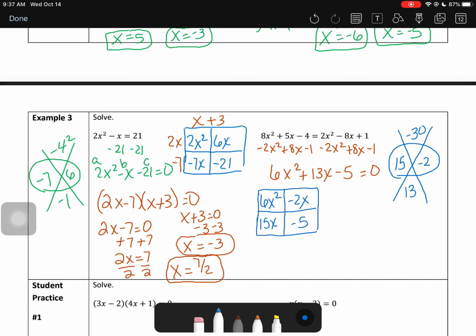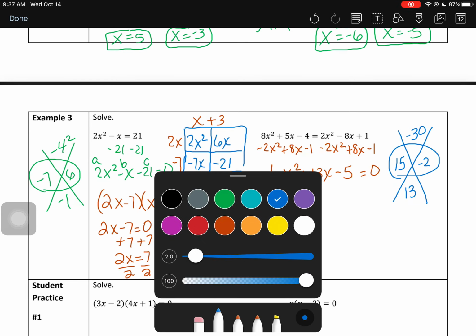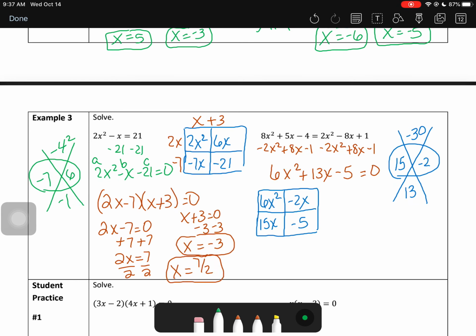I am going to find the greatest common factor of each row and each column. The first would be 2x, and then we would have 5. Then I'll have 3x, and then I will have negative 1. So I have 2x plus 5, and 3x minus 1 is equal to 0.